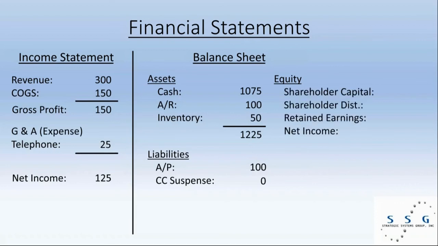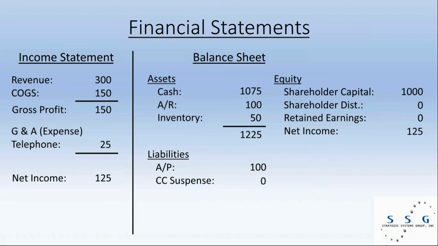The difference, essentially, that we saw very early on is that equity or capital is equal to the assets minus the liabilities. In this case, we have shareholder capital that we began with at $1,000 at the very beginning. Nothing was distributed to the shareholders in this example. Retained earnings is 0, and the net income is 125.